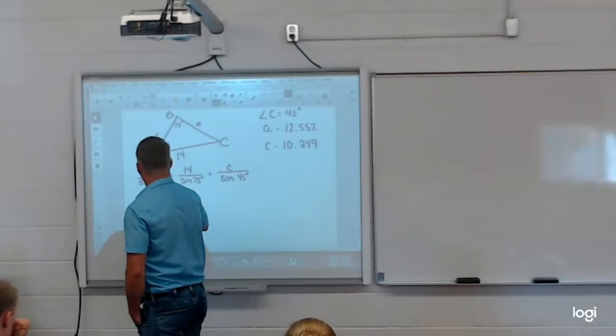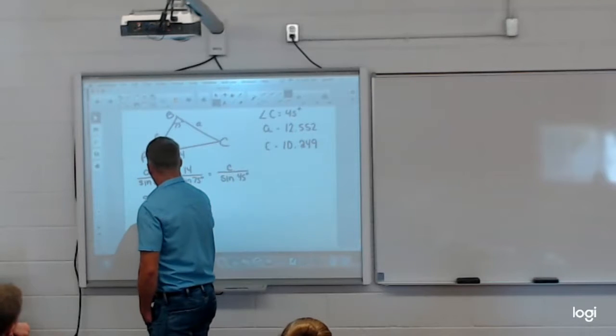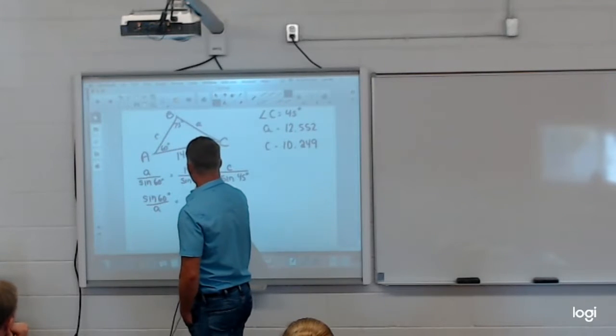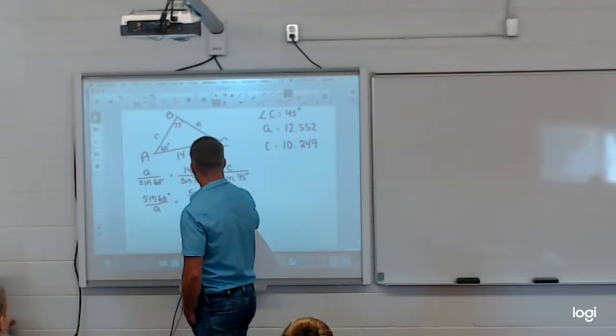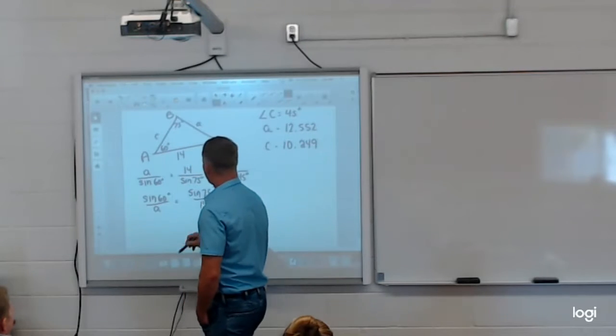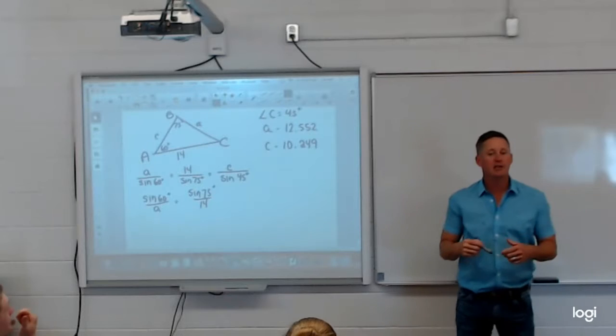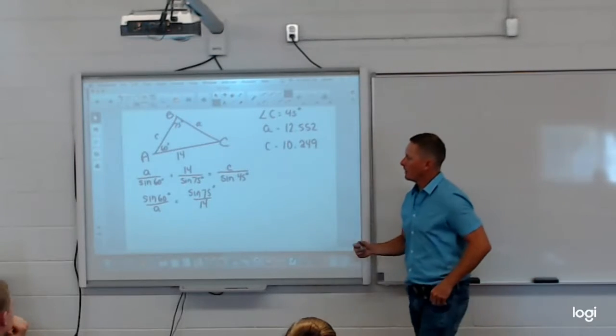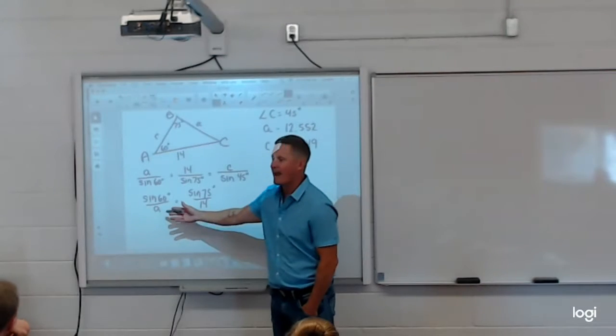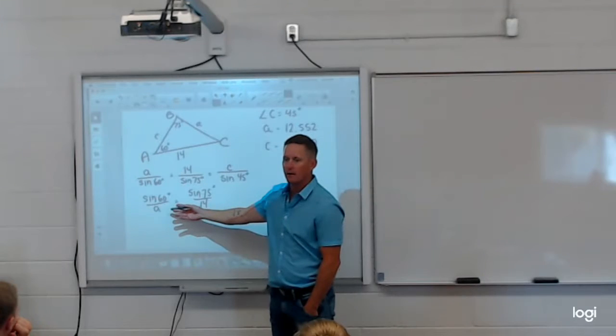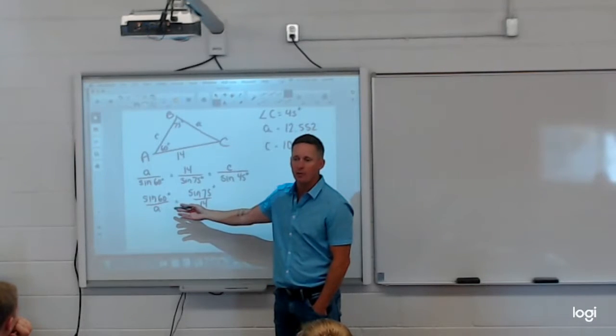Let me show you this just for a second, just so that you guys understand this. If I didn't put that there, so I'd have this. I'm trying to show you the easiest way, but I'm going to show you how it still works, but it's just more steps. So if this is the case right here where my A is on the bottom, I basically have to cross multiply.